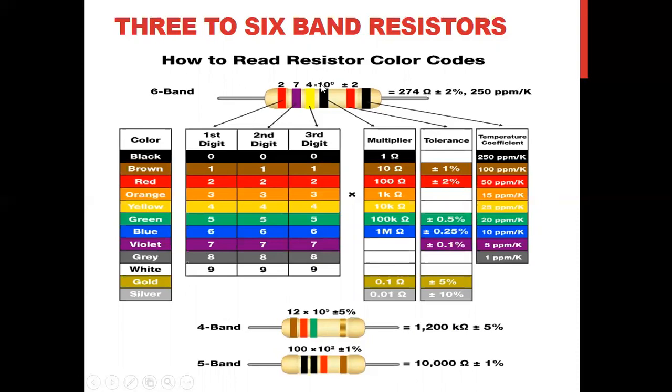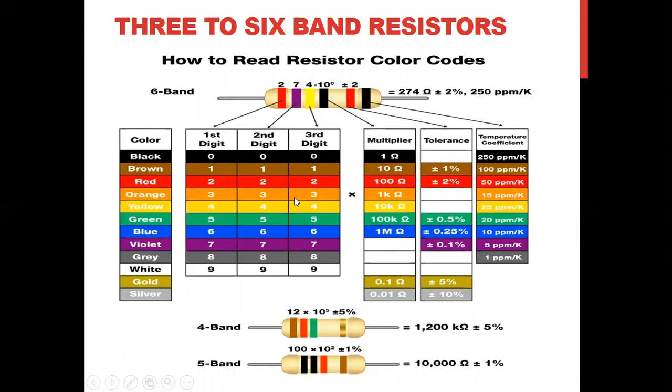And then this one, the tolerance. Tolerance is red, means plus minus 2%. Temperature coefficient, black means 250 ppm per Kelvin. Or per degree centigrade, whatever we measure. So this one, 250 ppm per Kelvin after comma.